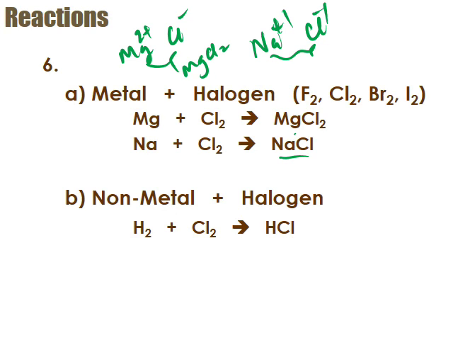That way you're not going to make any mistake. Non-metals can also react. Hydrogen plus Cl2 gives HCl. Of course, we haven't balanced these reactions. If you want, you can balance them, and there'll be a 2 in front of HCl. The same is the case for other reactions that we discussed in this section.